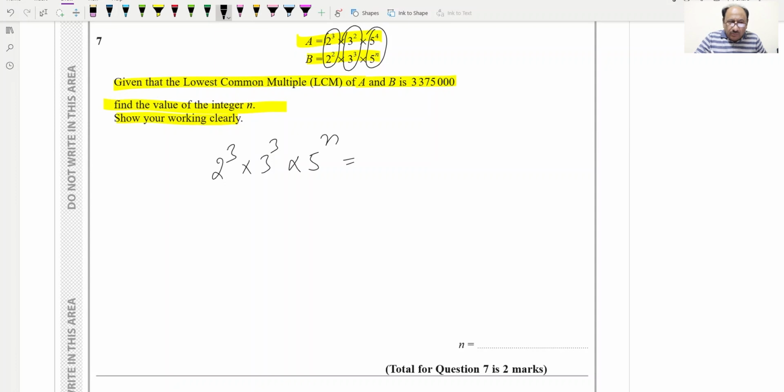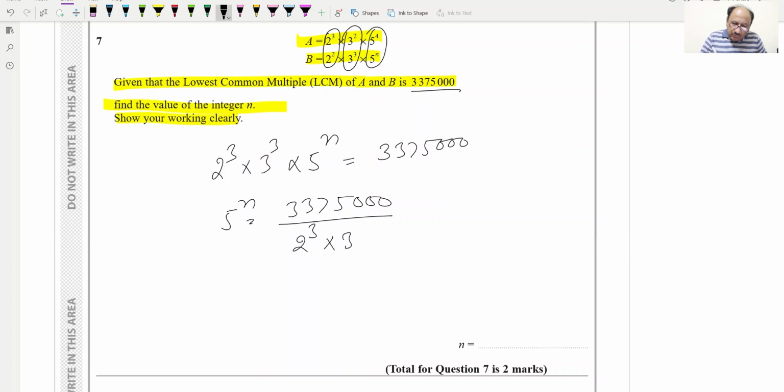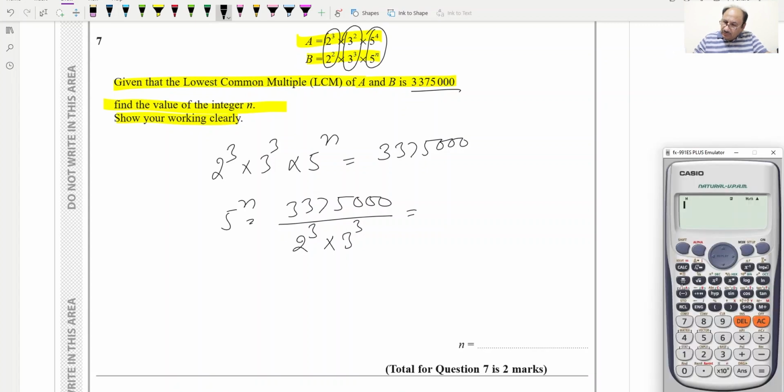We have to write this 3375000 and we can basically find the power of n. 5 raised to the power n will be equal to 3375000 divided by 2 raised to the power 3 into 3 raised to the power 3, and this will be equal to 3375000 over 2 raised to the power 3 multiplied by 3 raised to the power 3, and this is equal to 15625.